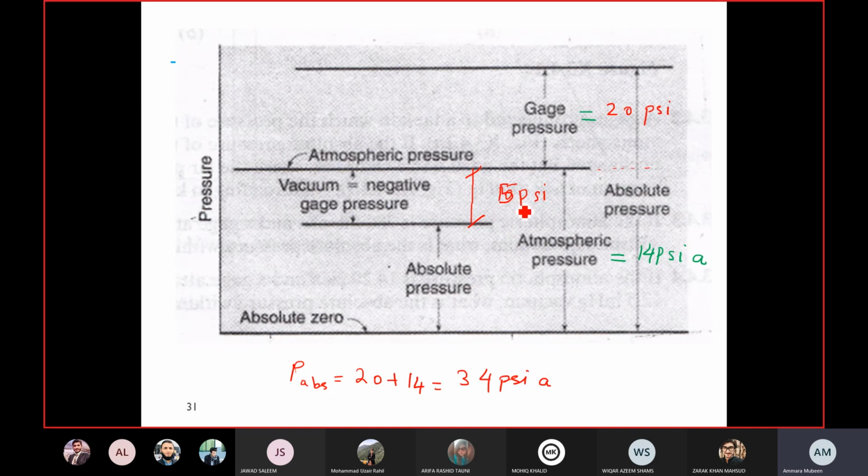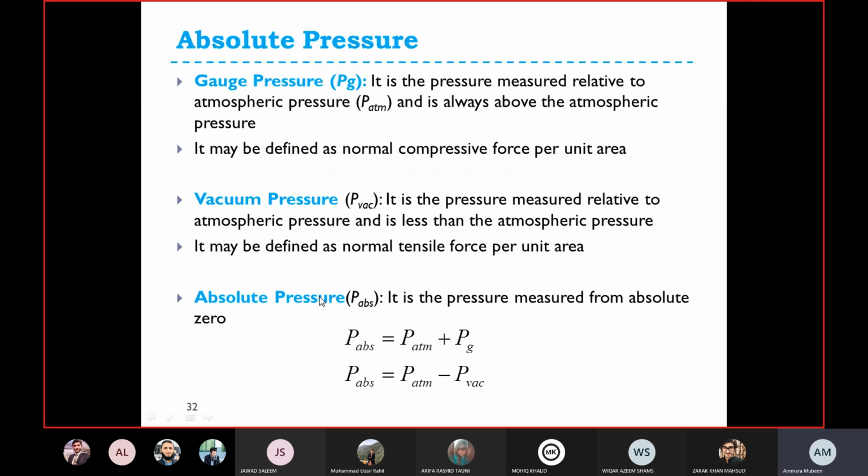So it is actually minus 5 psi gauge pressure. And what about absolute pressure? Absolute pressure would be from here to here. So it would be 14 minus 5 equal to 9 psi a. Okay, so this is what I wanted to tell you.